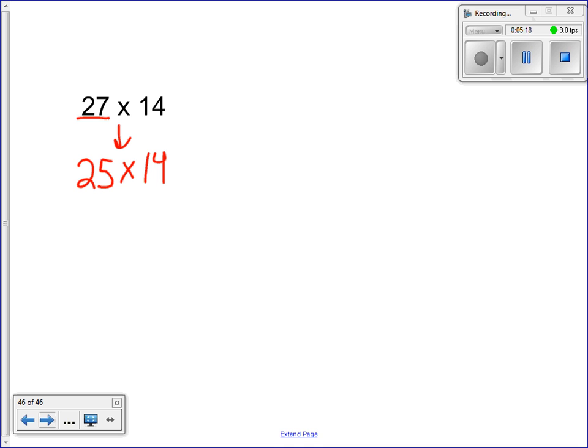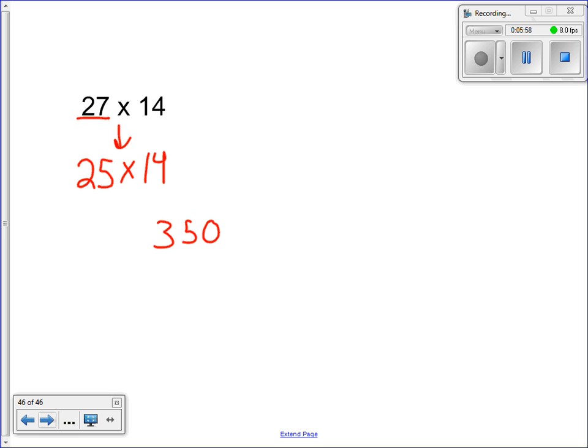So we have 25, 50, 75, $1, 125, 150, 175, $2, 225, 250, 275, $3, 325, and finally 350 will give us 14 of them. So I could get 350 as an estimate here.